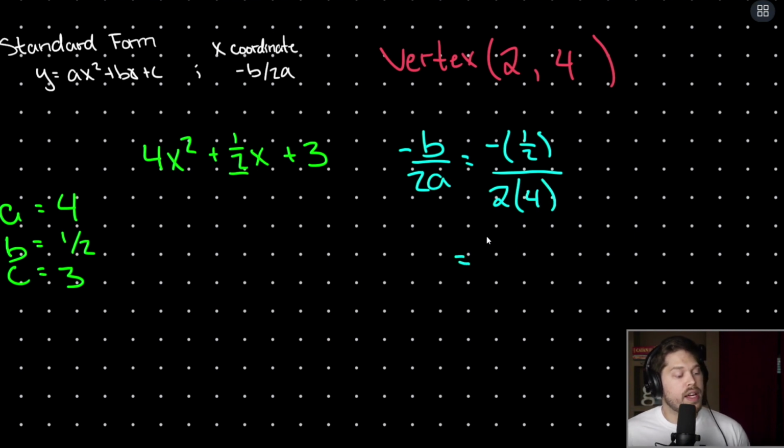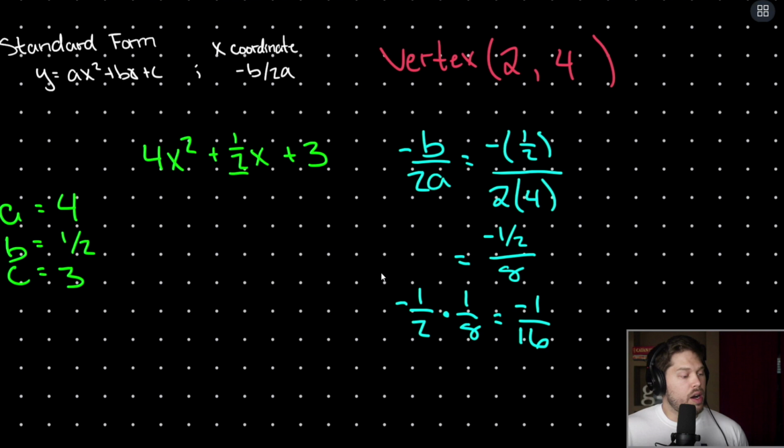And so we have negative 1/2 divided by 8. Remember that dividing is the same thing as multiplying by the reciprocal. So we have negative 1/2 times 1/8, which is just negative 1/16.